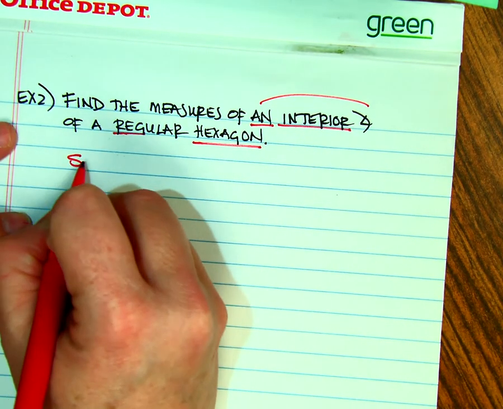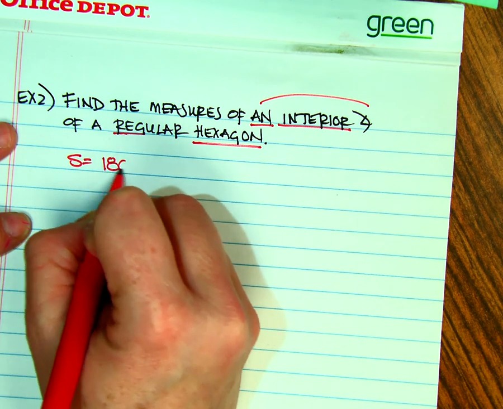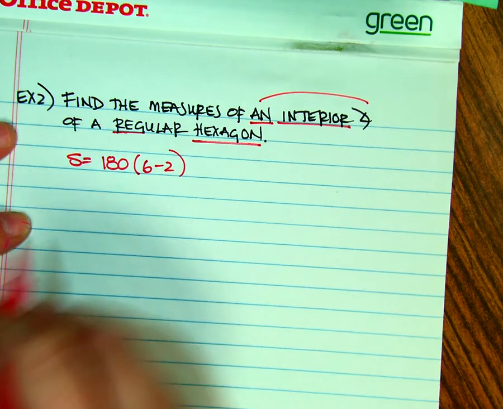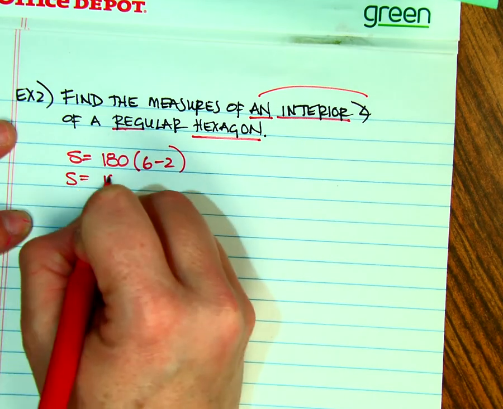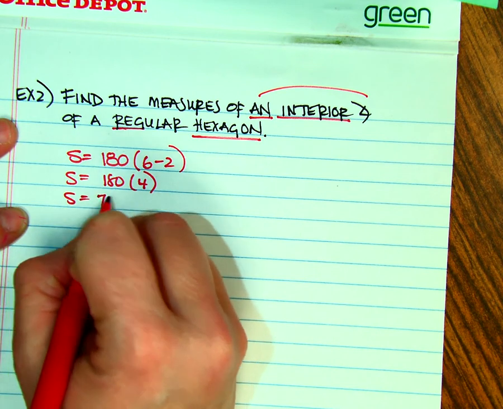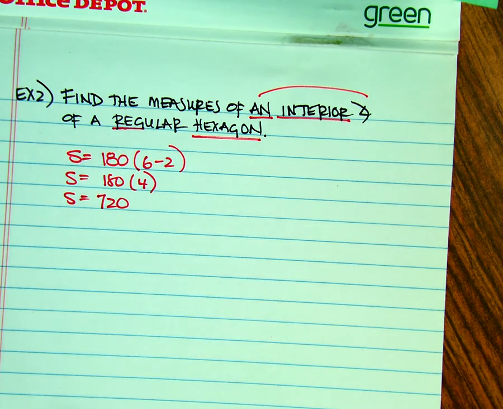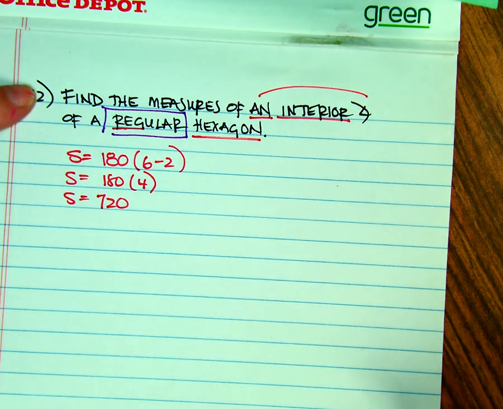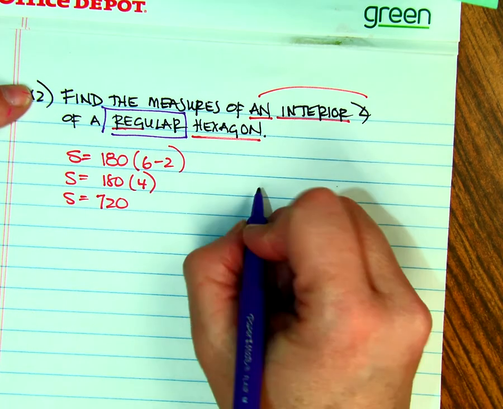So we know that the total sum, number of sides, is 6. 180 times 4 gives me a total of 720. But it's regular. So that means all the angles have to be the exact same measure.